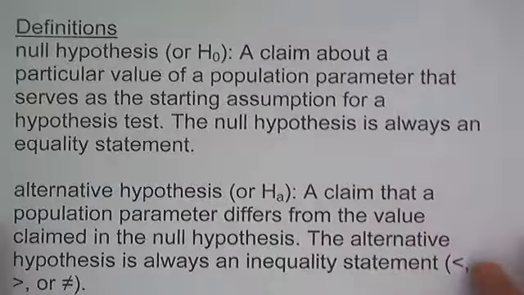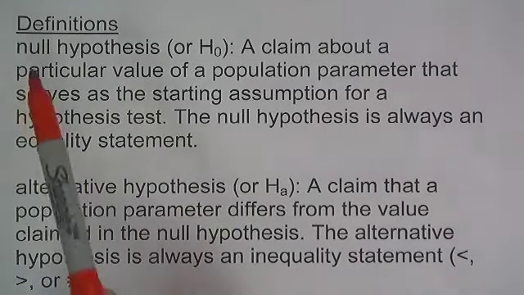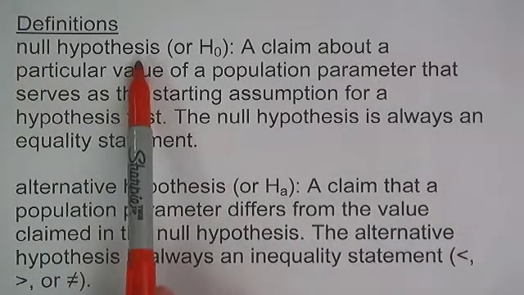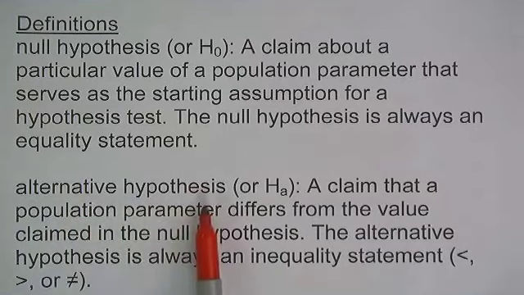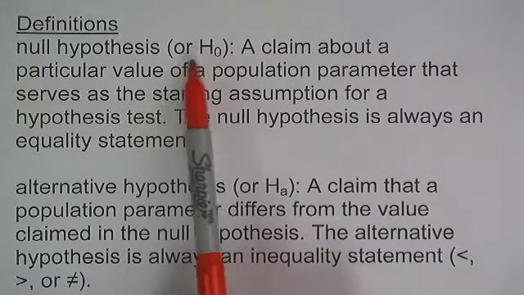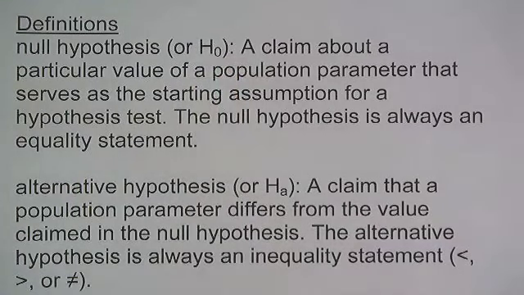Now the first step in doing a hypothesis test is to write some hypotheses. We always write hypotheses in pairs. We always write a null hypothesis and then an alternative hypothesis. The null hypothesis, which we abbreviate as H0, is a claim about a particular value of a population parameter that serves as the starting assumption for a hypothesis test.